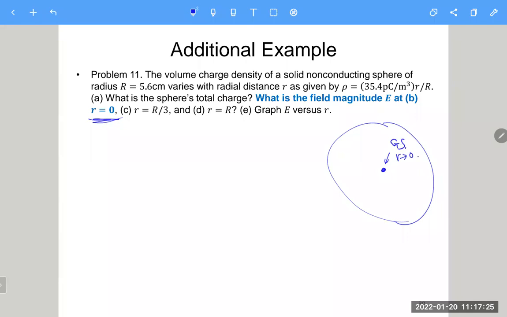So it should enclose nothing. So Q enclosed for this Gaussian surface should be 0, and due to symmetry, you can quickly find that E should be 0 for R equals 0.